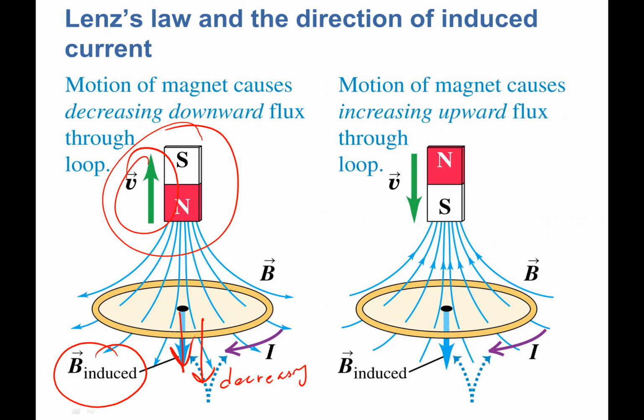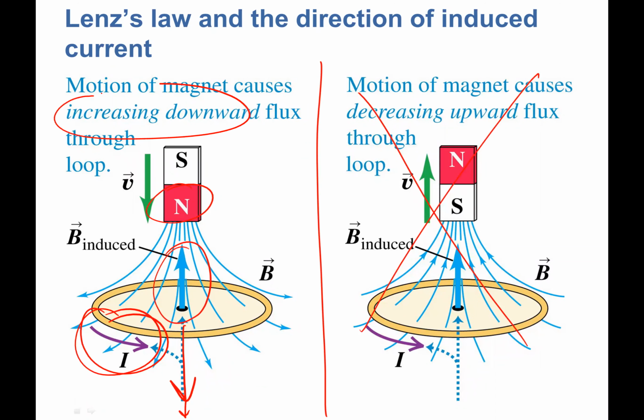So that's why it has to give you a clockwise current. Clockwise current when the magnetic field is decreasing, or counterclockwise current when the magnetic field is increasing through the loop. So that's why you have two different directions of the current.